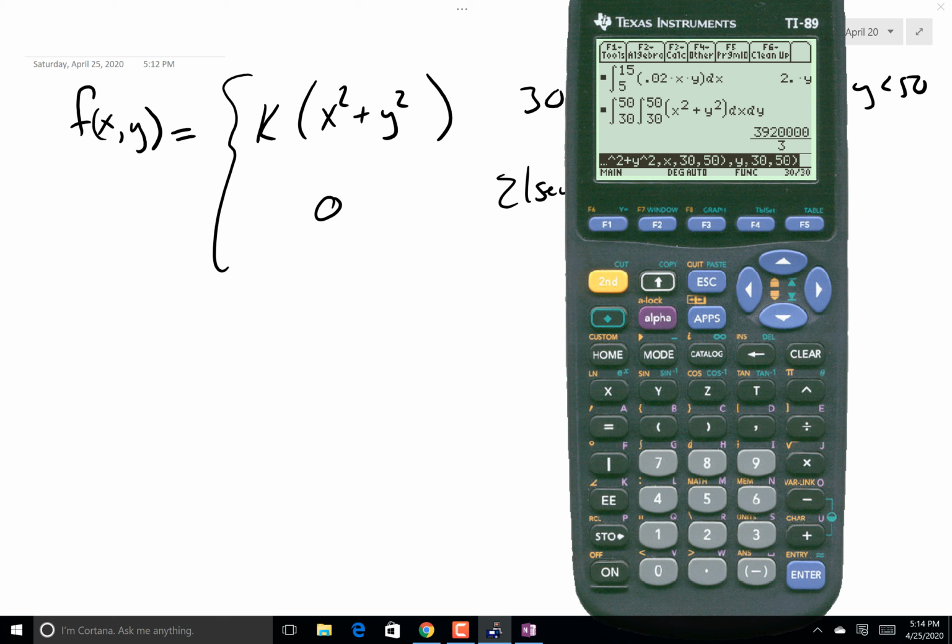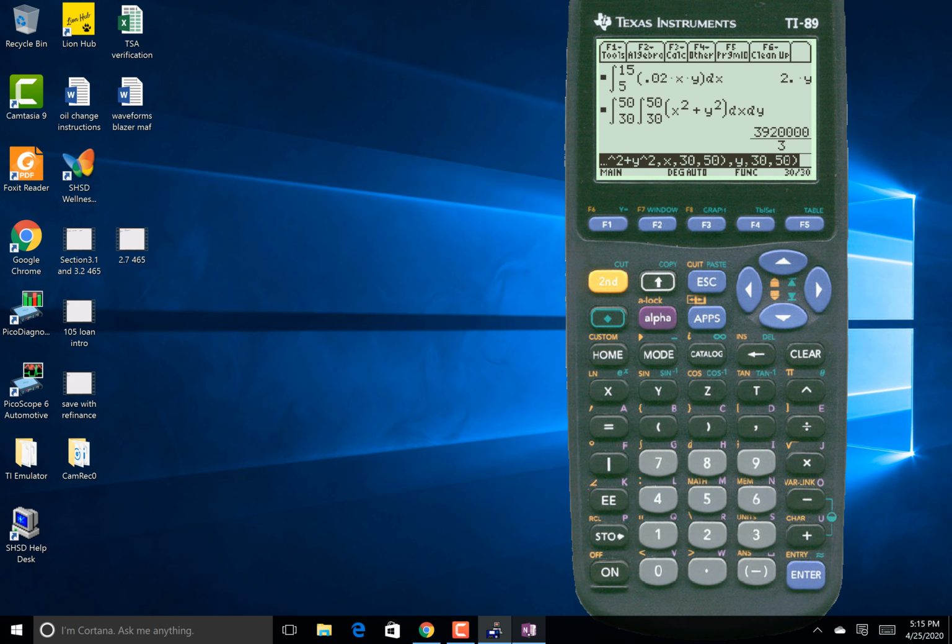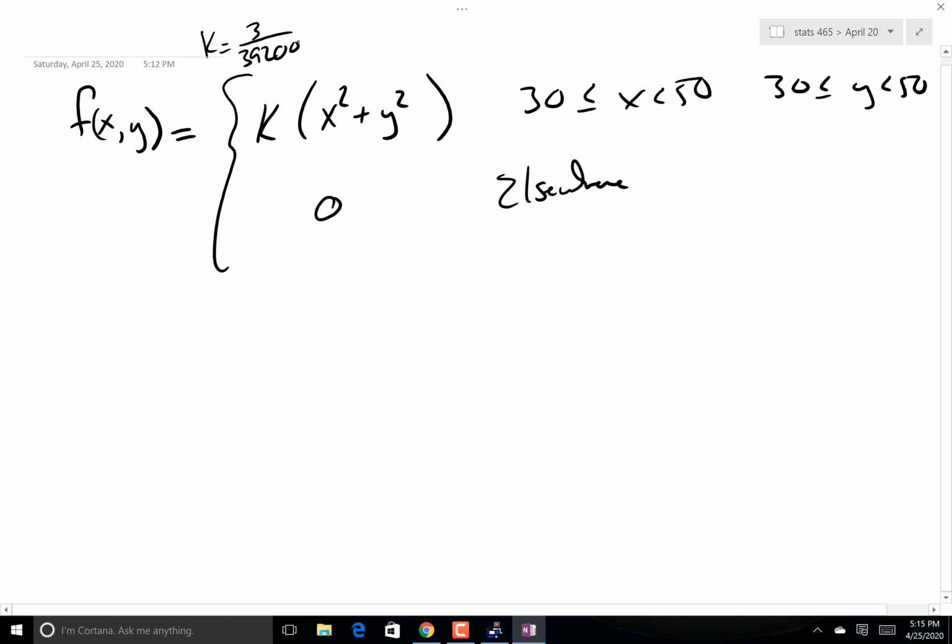So I got that god-awful number, which is just disturbing, which means that k is equal to 3 over 3.9 with four zeros. Nice, that's my k value. You with me? So that's that.